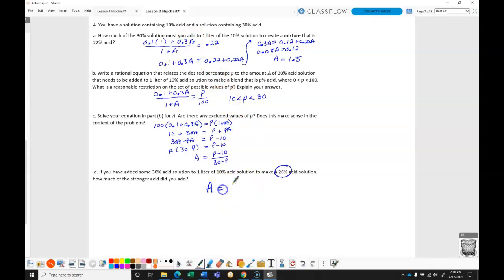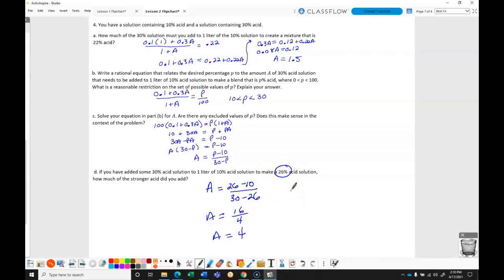So a is going to equal 26 minus 10 over 30 minus 26. Now I could just put that percentage in instead of going through all the rigmarole like last time. So that's going to get me 16 over 4. So that means I should add 4 liters of the 30% solution to what I already have, the 1 liter of the 10%, and it would take me to a 26% acid solution.